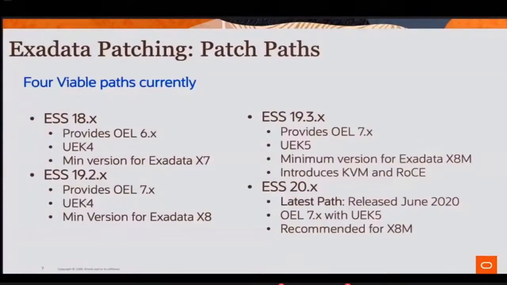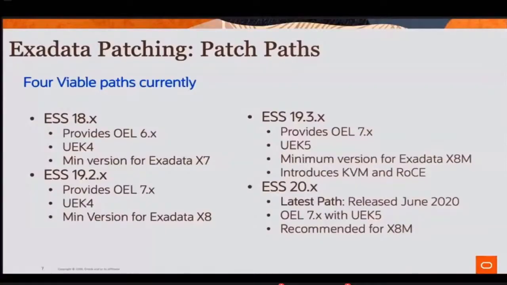So today, if you have an X8M, the minimum version running on that would be 19.3.1 or above. 19.3.x also introduced KVM and RoCE. KVM is the hypervisor for a virtualization engine from X8M onwards. The X8 and the X7s or before were using Xen as their virtualization machine.